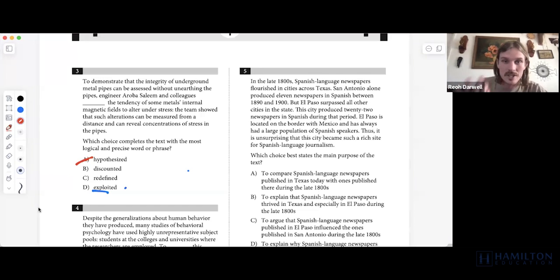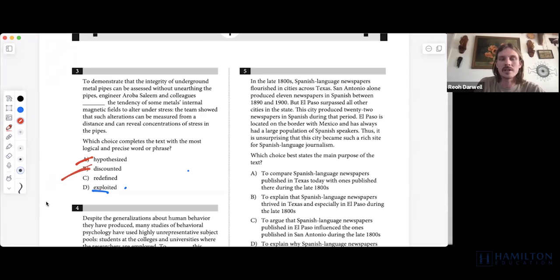Again, exploit meaning to use or to utilize. You could use that tendency to test metal stress levels without digging down. So hypothesize doesn't work here, because though there may be hypotheses elsewhere in this experiment, this tendency is not something that's unclear or only believed to be possible.